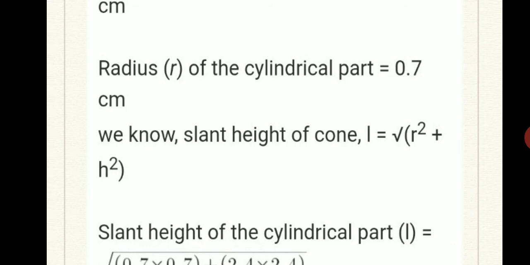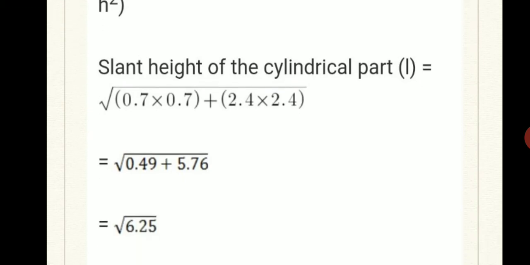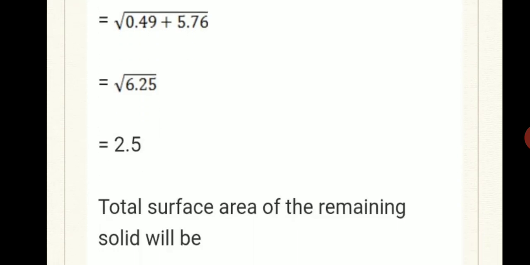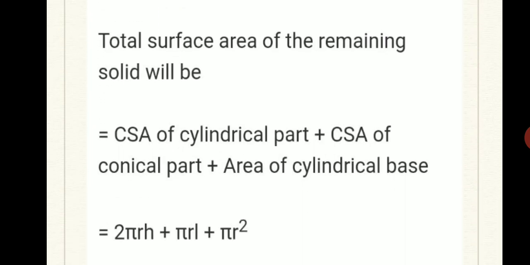We know that the slant height of the cone l equals under root r square plus h square. So slant height will be l equals under root 0.7 square plus 2.4 square. So it will be under root 0.49 plus 5.76. So slant height will be 2.5. Total surface area of the remaining solid will be curved surface area of cylindrical part plus curved surface area of conical part plus area of the cylindrical base.